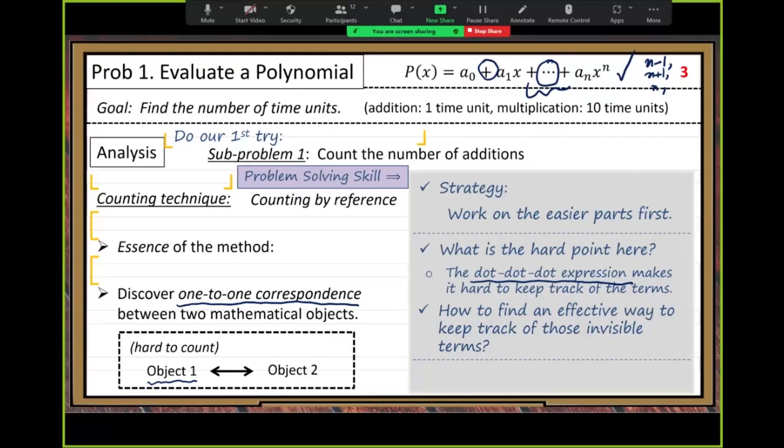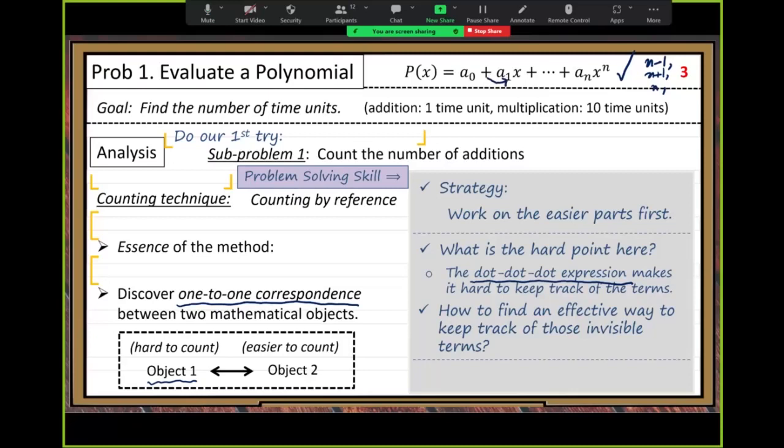So we want to find some object 2 that is easier to count, easier than object 1 for the counting. So what's the object 2 here? Can we associate the first plus sign to the subscript of the first coefficient, A1?